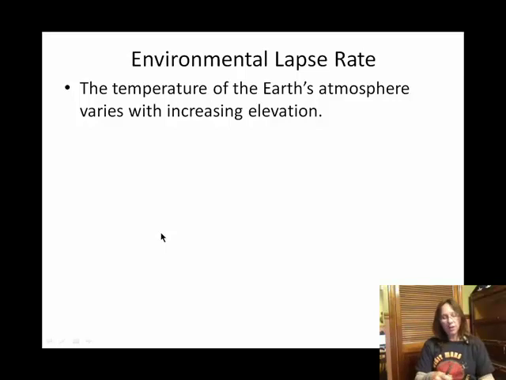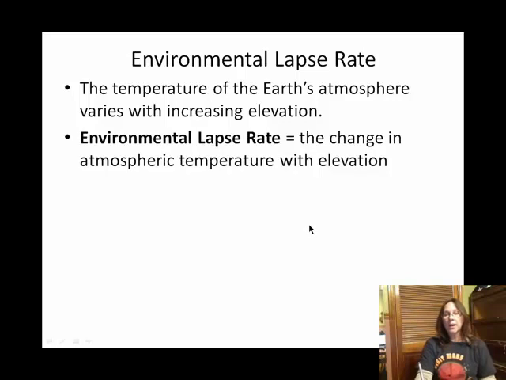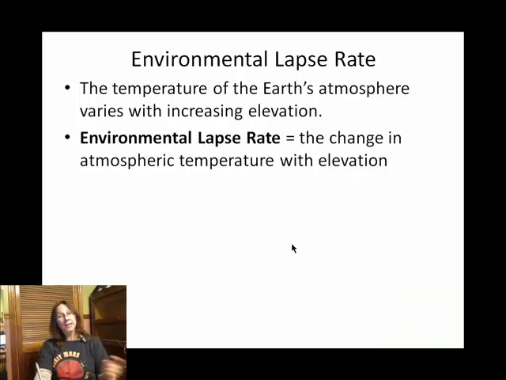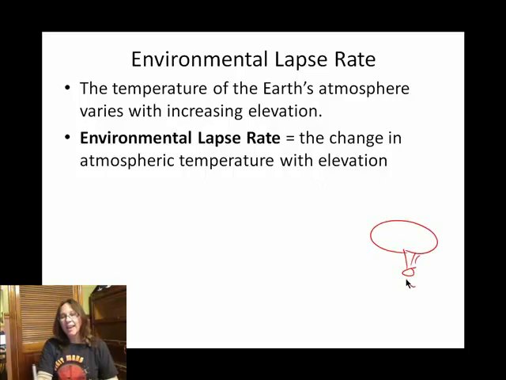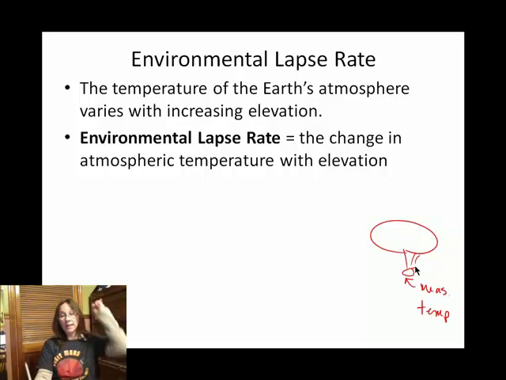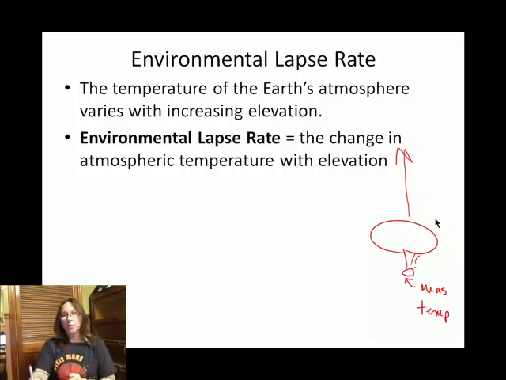Earlier we talked about something called an environmental lapse rate. You get it by sending up a weather balloon, and it has a measuring device here to measure temperature. It sends that temperature information back to all the people who want it.